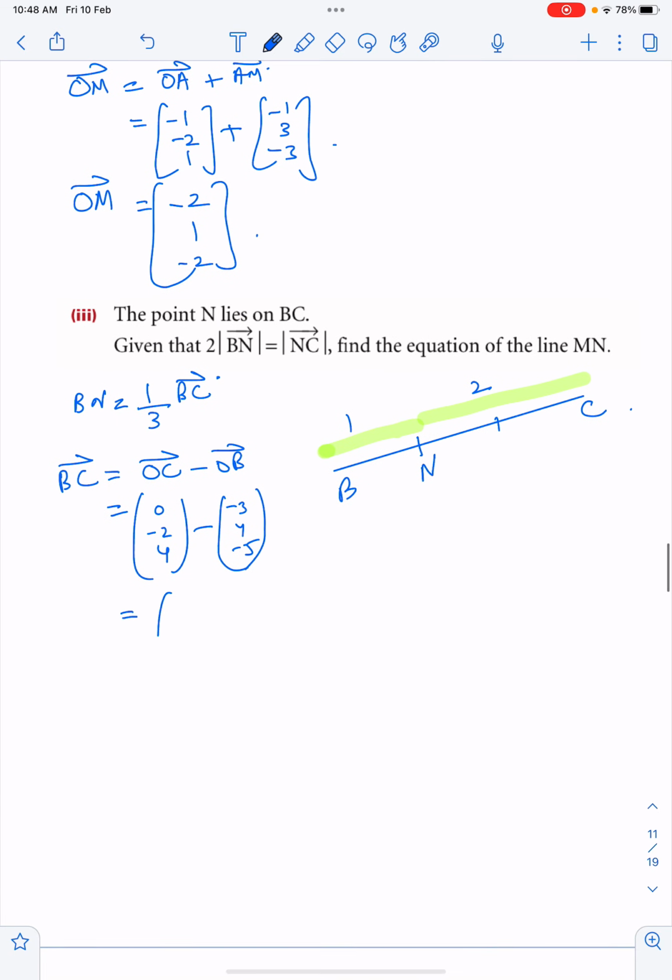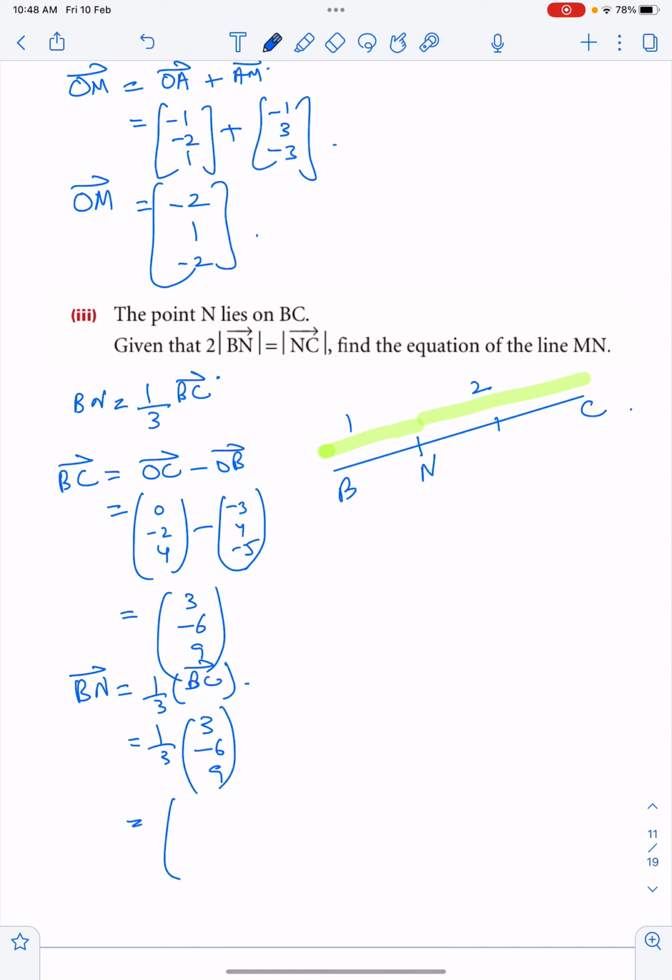Let's find BC. This is going to be 3, minus 2 minus 4 is minus 6, and 4 plus 5 is 9. This is BC. Now I have to find BN, which is 1/3 of BC, which is (3, -6, 9). Let's multiply, you get (1, -2, 3). This is BN.